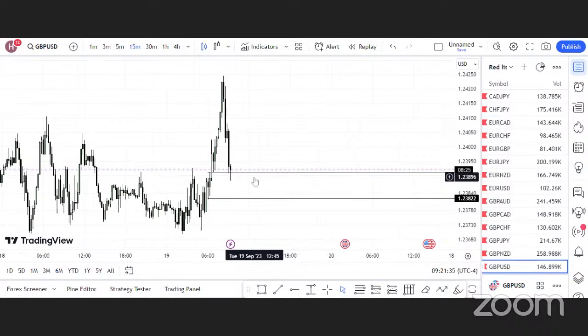So POI is just a general name that I give to my support or resistance zone. Most traders will say, this is my support zone, this is my resistance zone, or you even hear some traders calling it an order block. So when I say point of interest, it's just a name I give to it.